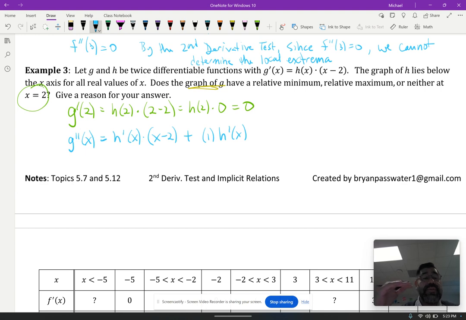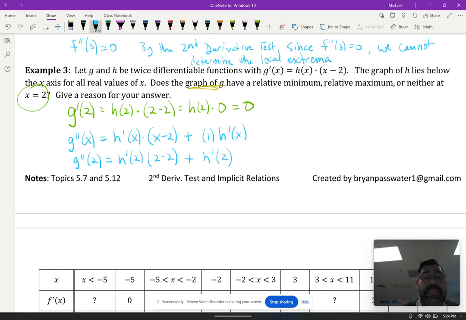And now we're going to substitute 2 into the second derivative. So that would be h prime of 2 times 2 minus 2. Oh, that's going to be 0, and that's going to cancel that out. Plus 1 times h is just h of 2.